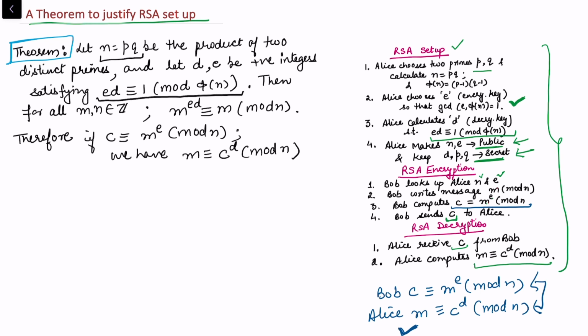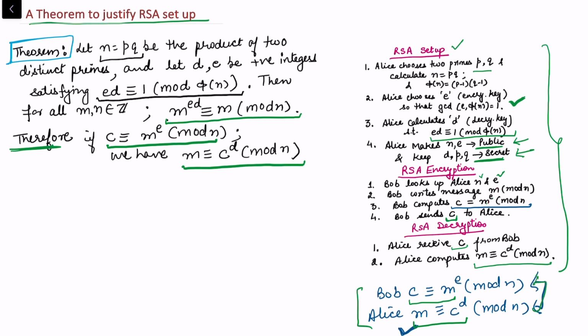Then for all integers m, m raised to the power ed is congruent to m mod n. Therefore, if c is congruent to m to the power e mod n, then m is congruent to c raised to the power d mod n. So this is the same setup. If c is congruent to m to the power e, then m is congruent to c to the power d. This justifies this step, and in the same way we can work with the RSA process.